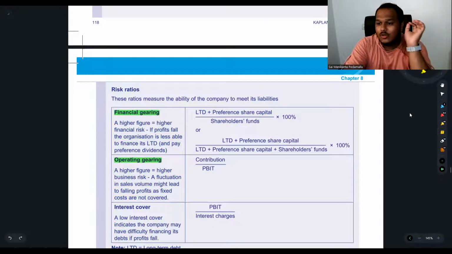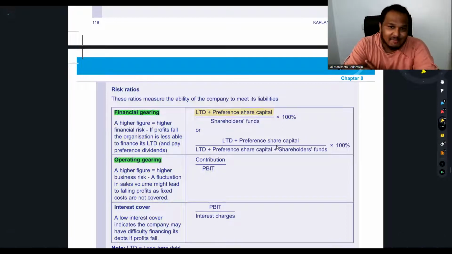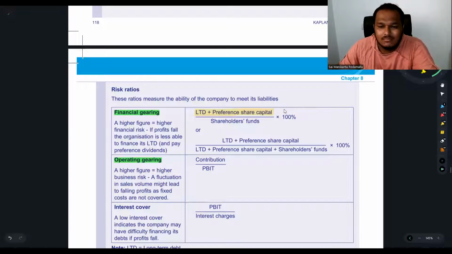Here they directly wrote long-term debt plus preference share capital, right? But actually it is long-term debt plus redeemable preference share capital. If it is irredeemable, there is no obligation on the company. It is not gearing for you. There is no risk involved in that. So it is only redeemable. It's not all types of preference shares. That is what I kind of have a little bit of problem with.